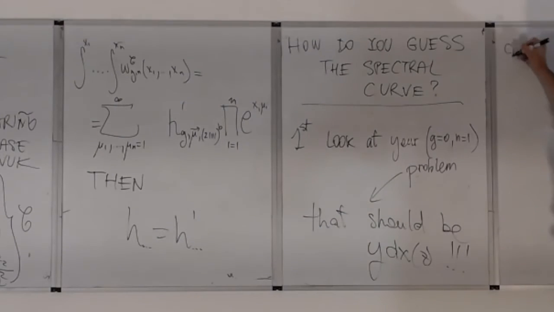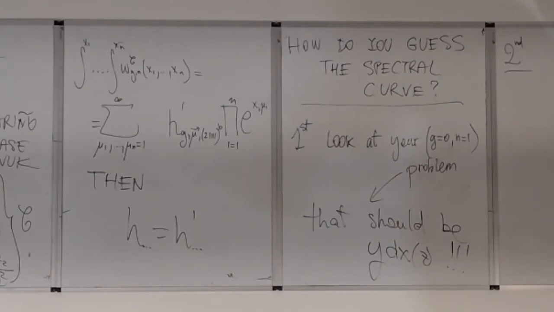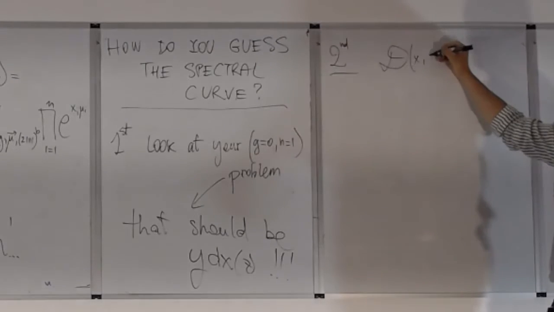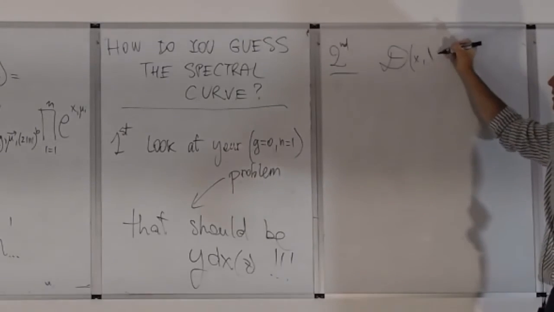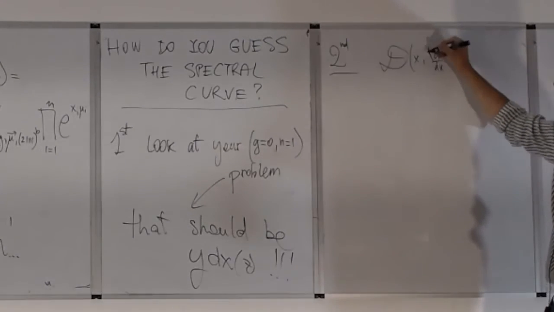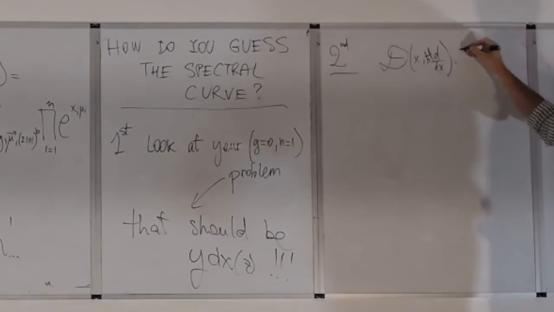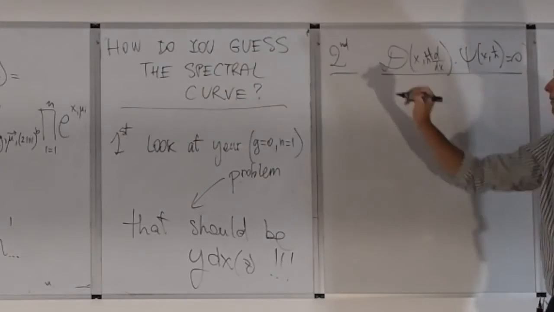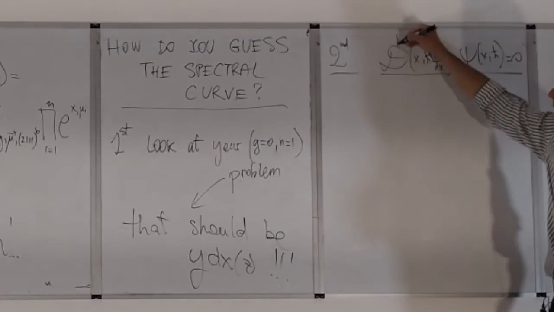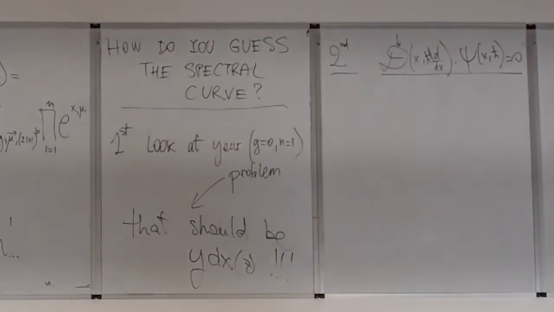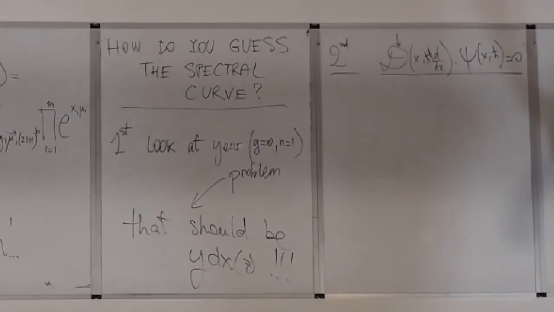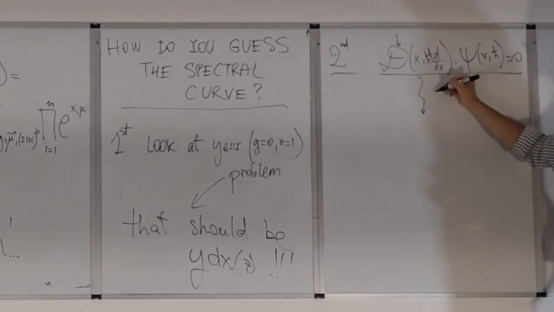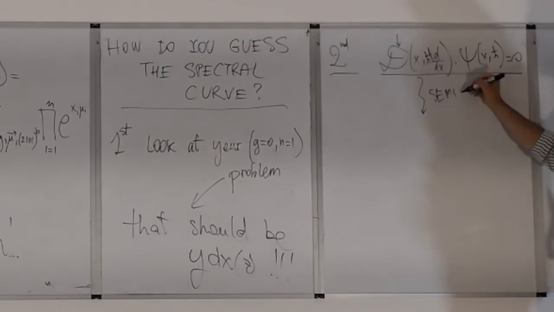Second method. You happen to have a differential operator in x and d over dx, and usually here you have an h bar, and then you have a wave function that depends on x and h bar, and this is 0. Aha, wonderful. You have the wave function of your problem, and you have some differential operator annihilating it, so you're able now to take the semi-classical limit, whatever it is.